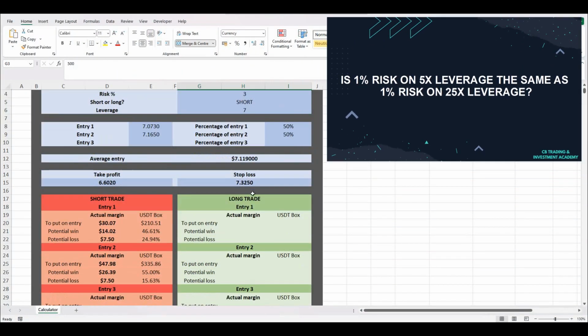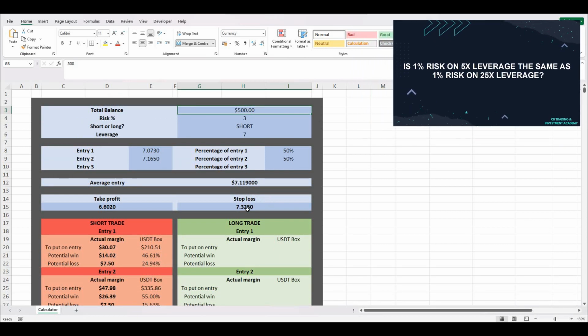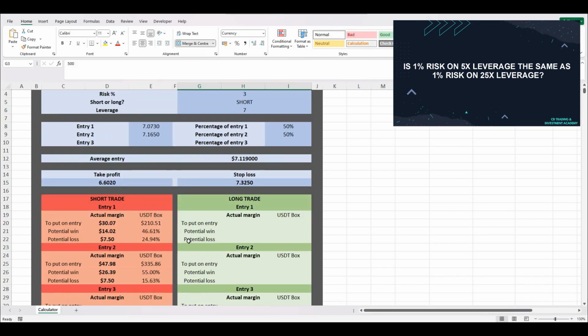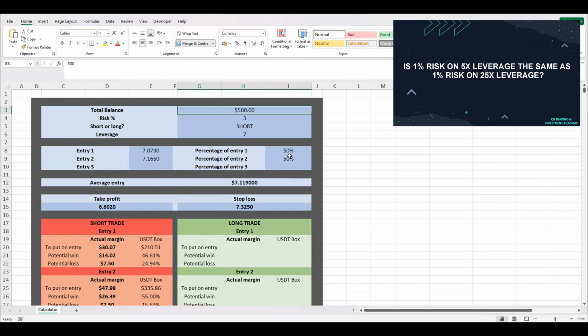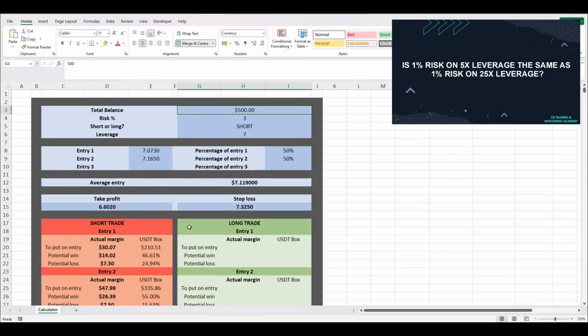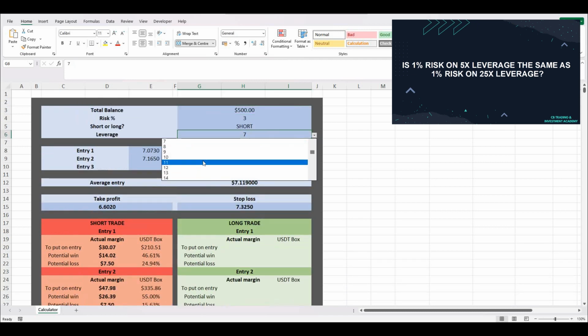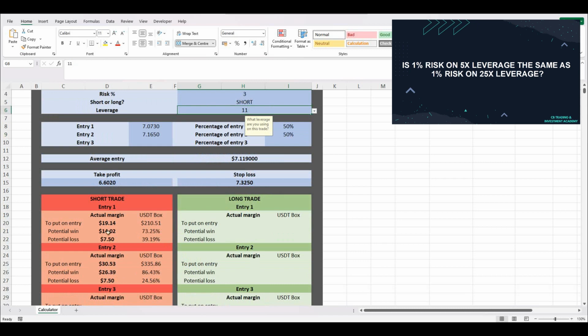So here's an example of a trade with two entries, both 50% on each entry. This is 7-time leverage, but let's say I put on 11. Potential loss stays the same.